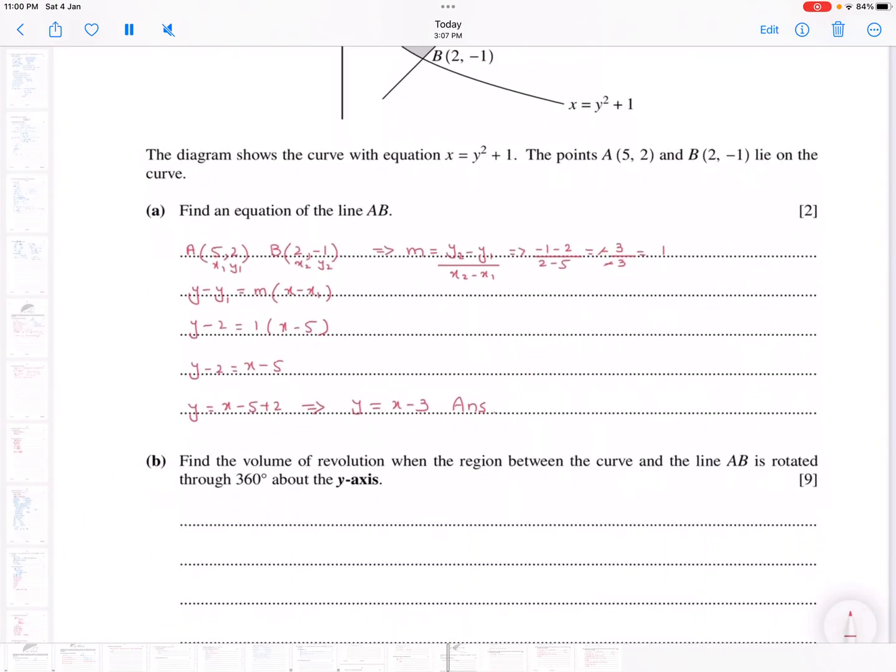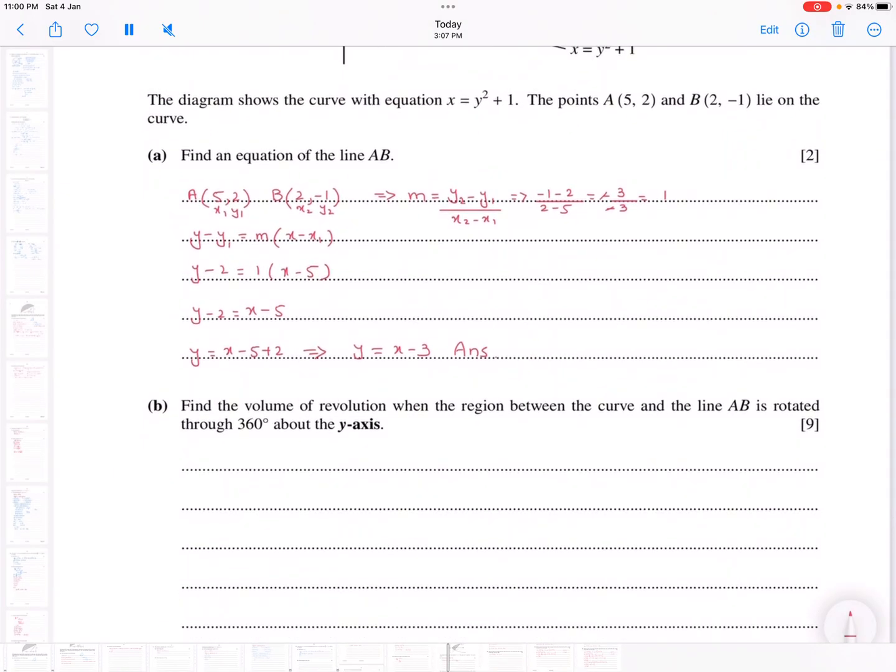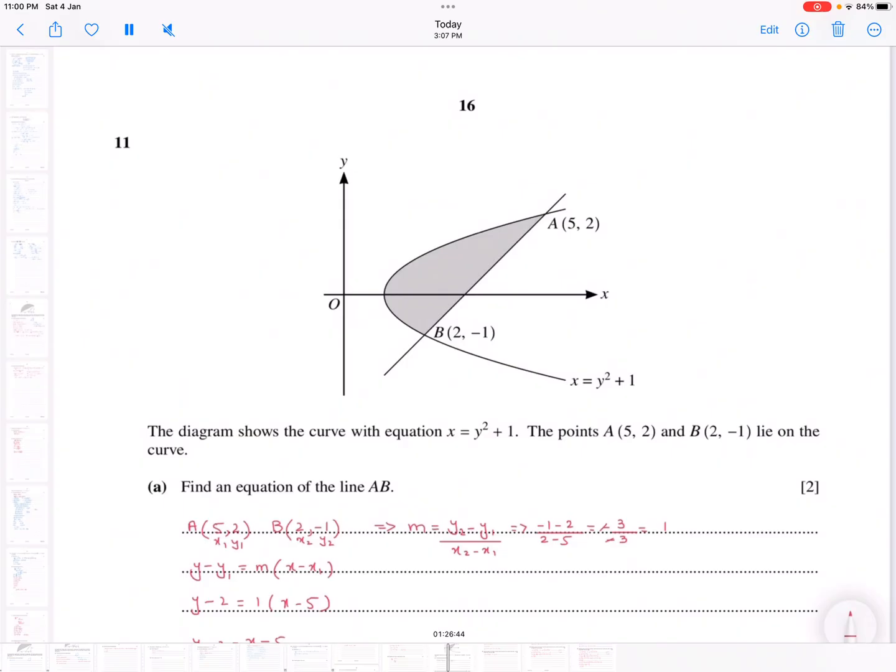In part B, find the volume of revolution when the region between the curve and the line AB is rotated through 360 degrees about the y-axis. So this portion, first we will find the volume of this portion.